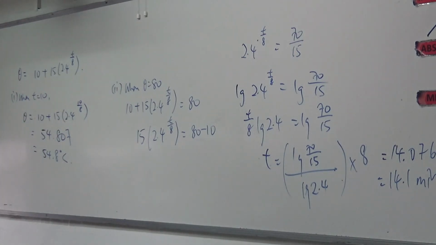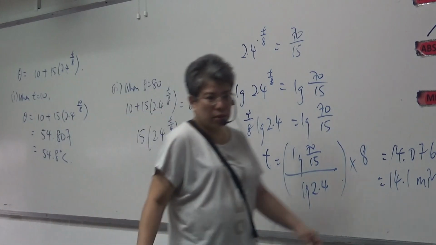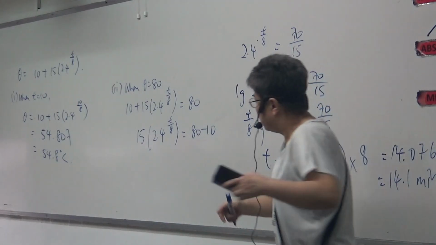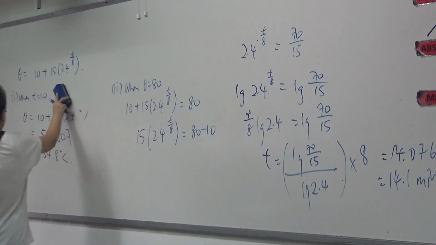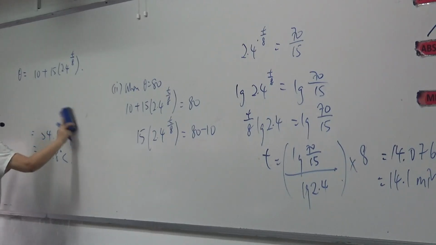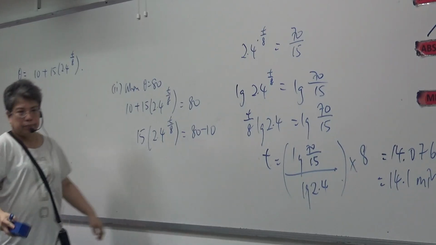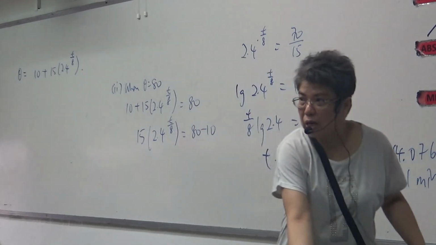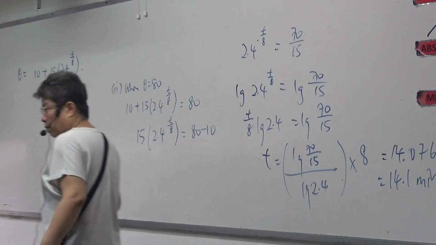Now it's the third part that I'm worried about. Part 3. Find t in log form. That means t must be equivalent to log something. Everybody clear? This is the one that's a bit difficult. Okay, now I'm going to write this over there so that you can see. They want to write t in log form.